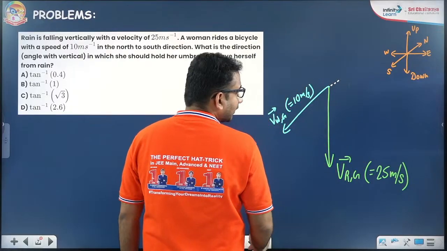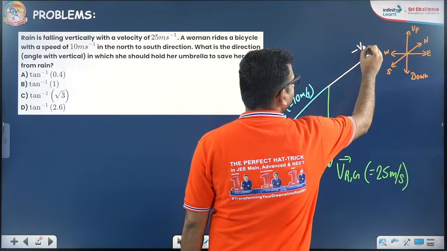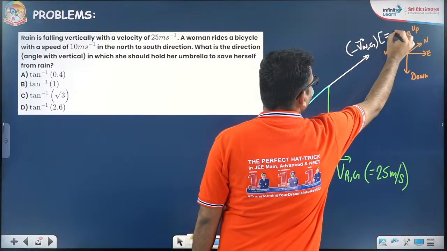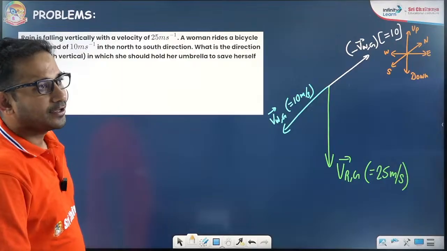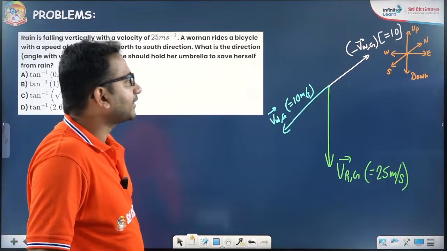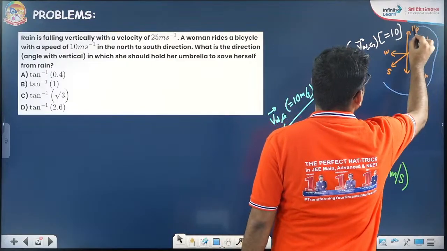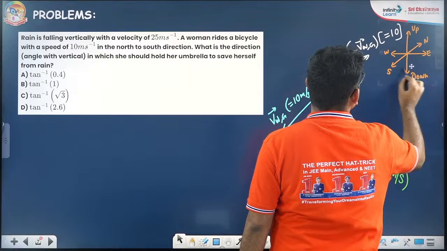I'm drawing it like this with a solid line here. This will be minus of VWG. Okay, and negative will only change the direction. There will be no change in the magnitude. Like this we got. Okay, the convention I'm just mentioning it here.